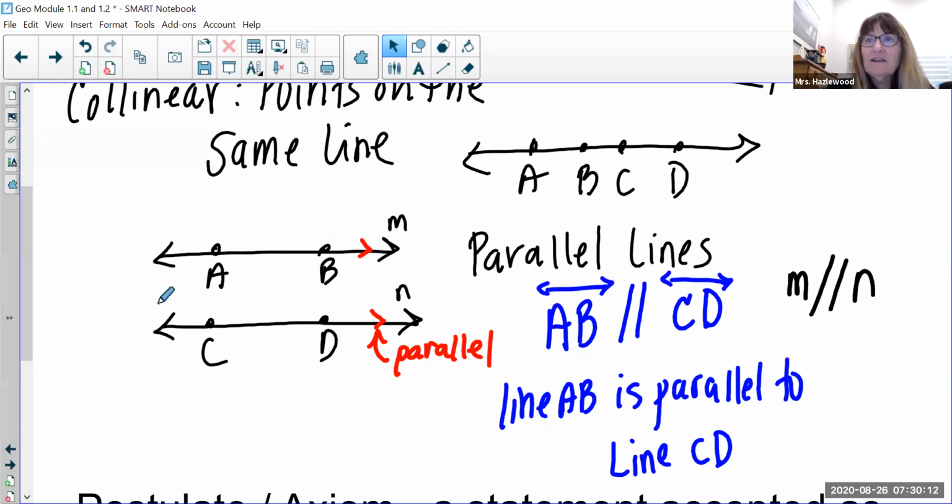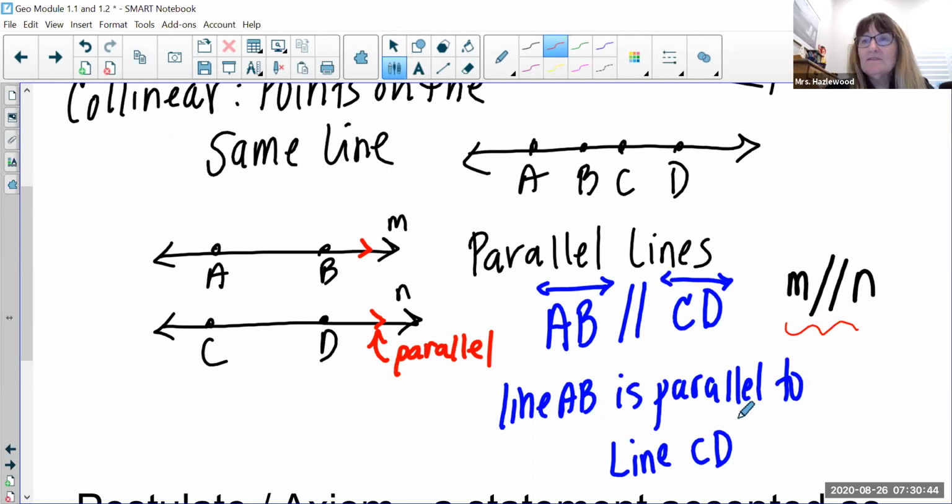If you're drawing a line, you have to put the arrowheads on there. Another way to name these parallel lines is by lowercase letters. I gave a lowercase m and a lowercase n, and I just wrote it as m is parallel to n. And this is just how you read it: line AB is parallel to line CD. So that's just reading it.